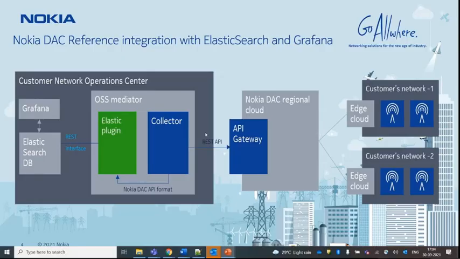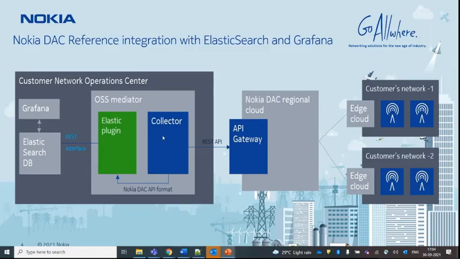And we have a performance management metric API available, which currently supports retrieving the performance metrics data from the eNodeBs. Using these APIs, the data that is collected by the collector would then be pushed to the Elasticsearch database using this Elastic plugin.